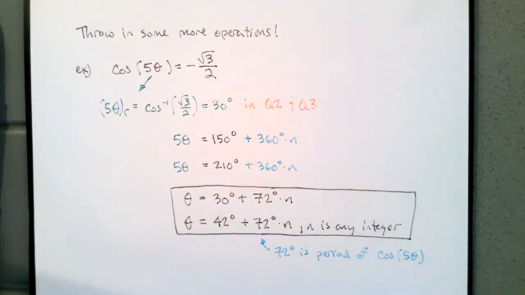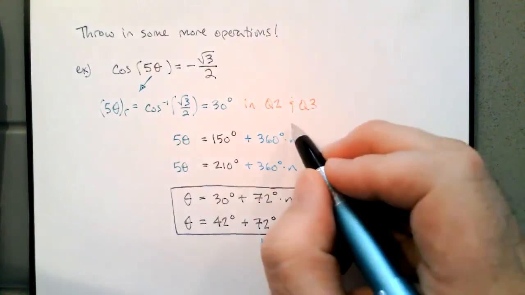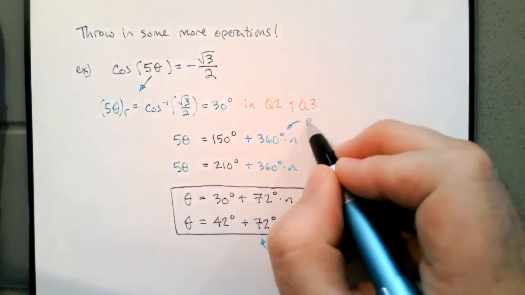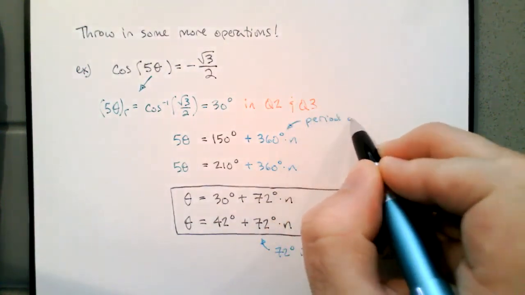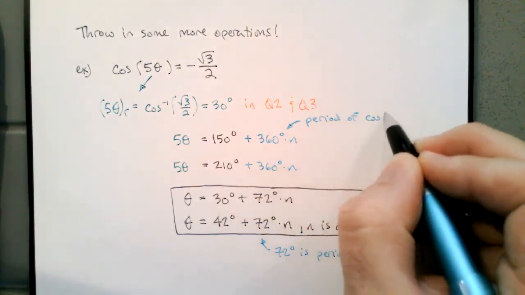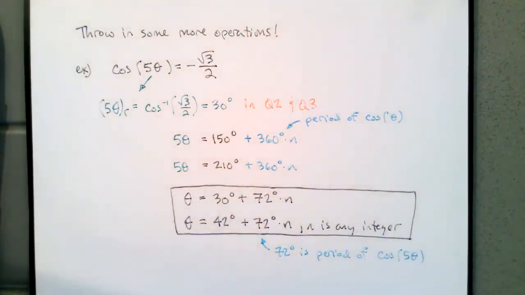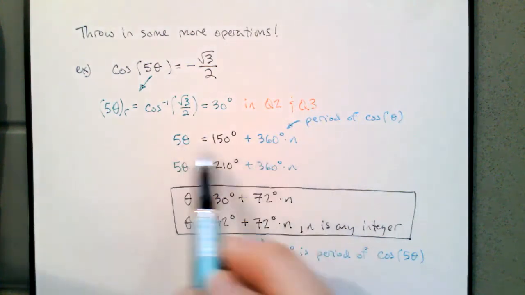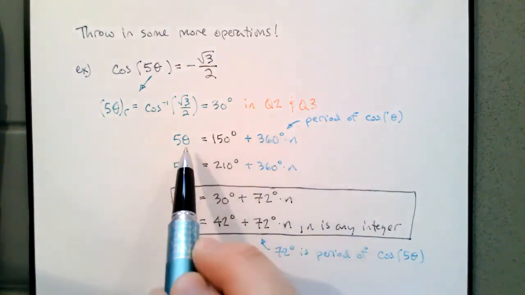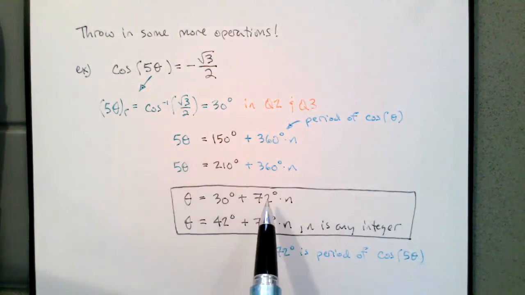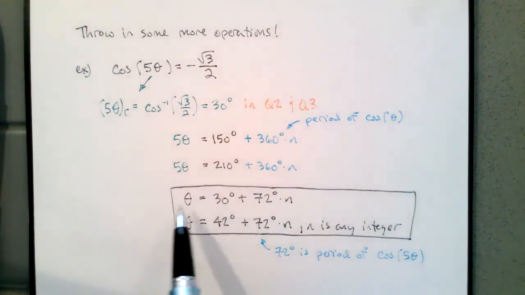The 360 that I used before, 360 is the period of cosine theta. But I was using 360 up here because we haven't divided by 5. I use 72 down here because we have divided by 5.